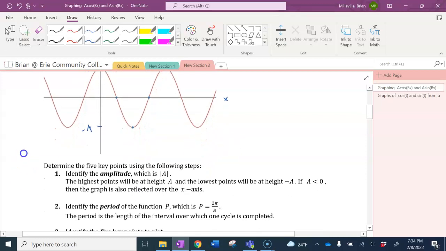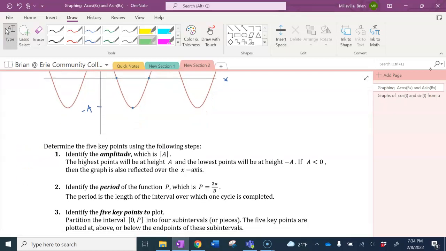The next thing is to identify the period of the function. I have the formula for it indicated here. The period, which most references call capital P, is 2 pi divided by b. What does the period mean? It's the length of the interval over which one cycle of the cosine or sine graph is completed.